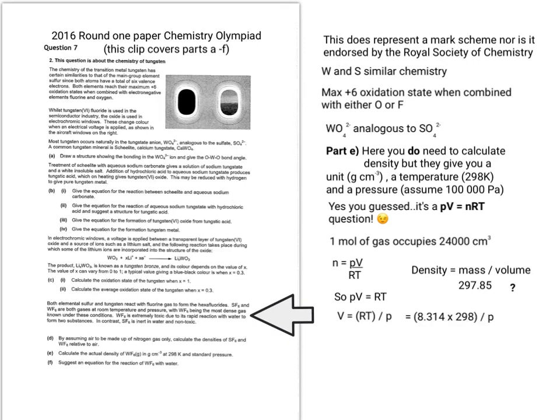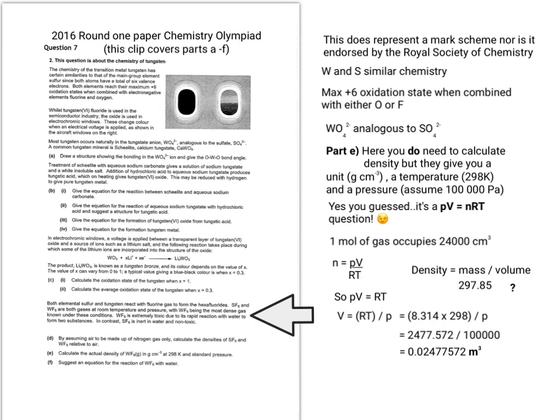So V equals RT over P equals 8.314 times 298 over P. So that gives us 2477.572 over 100,000. So that gives us 0.024777572 metres cubed. Remember, metres cubed being the unit that comes as volume out of PV equals nRT.